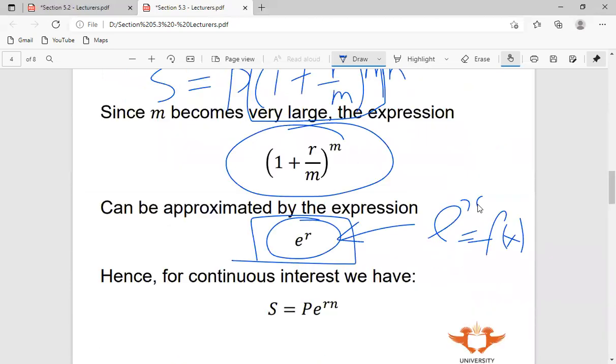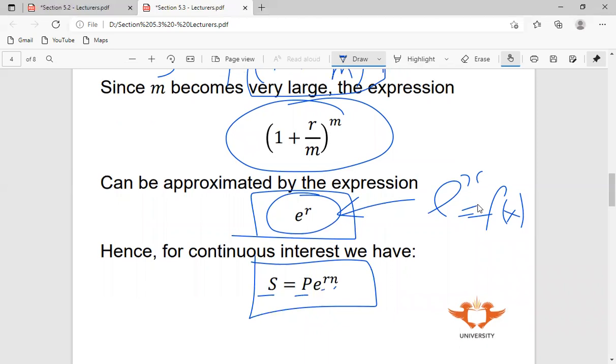So S is equal to P times e to the rn, where S is the future value, P is the present value, r is the rate of interest, and n is the number of years.